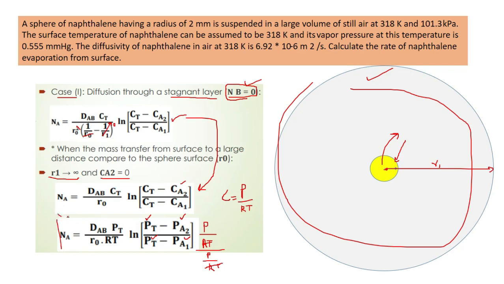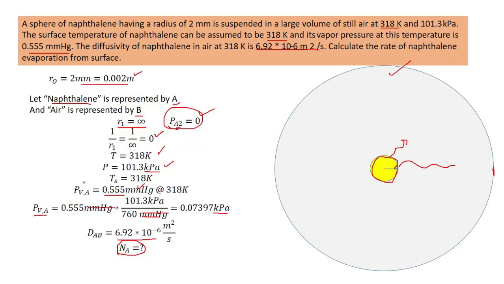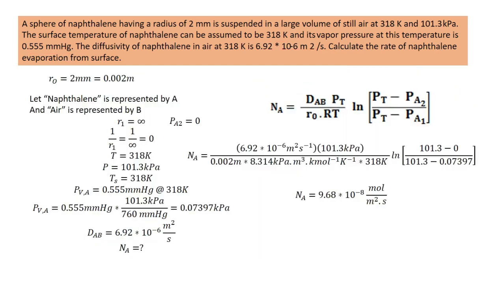You will use this formula as you are given the data in the form of pressures. Now you have everything in this formula: DAB, which is this; PT, the total pressure, which is 101.3; R0, the radius of the naphthalene sphere, which is 2 mm or 0.002 meter; and R, which is 8.314 kilopascal meter cube per kilomole per Kelvin, while the temperature is 318 Kelvin.